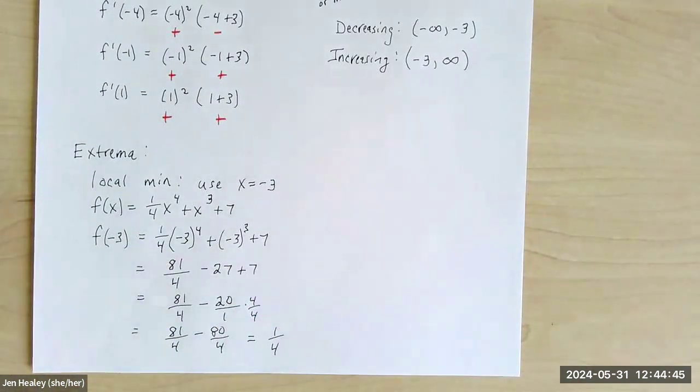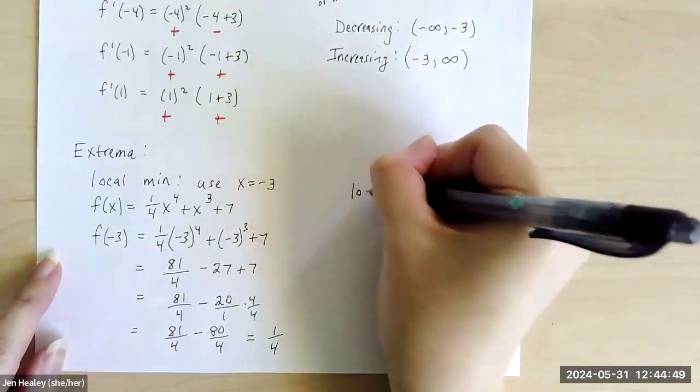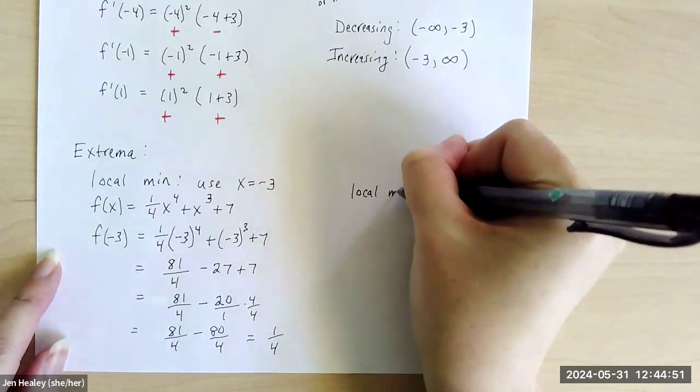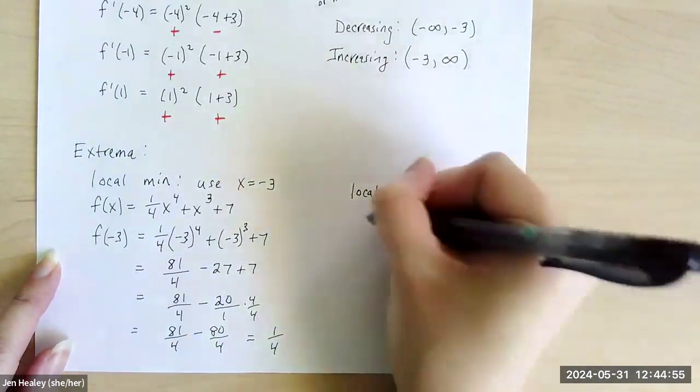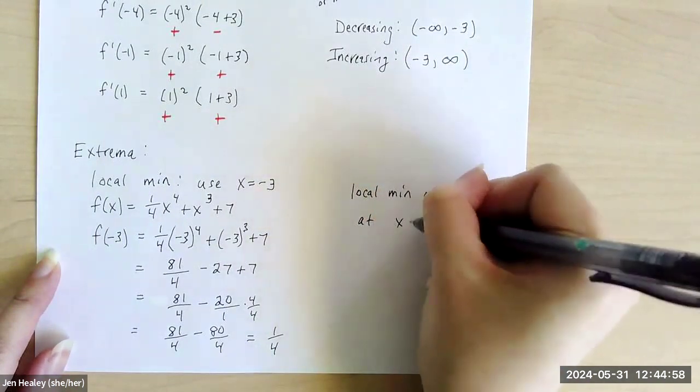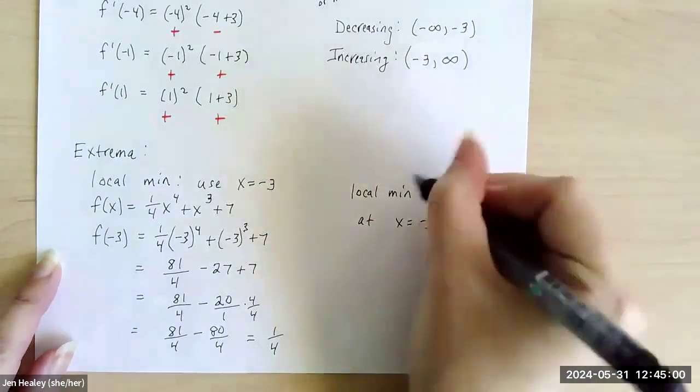So that means that we have a local min of 1/4 at x is equal to -3.